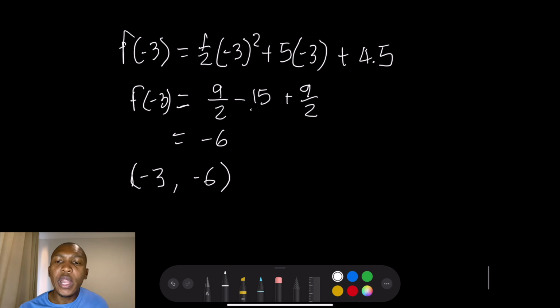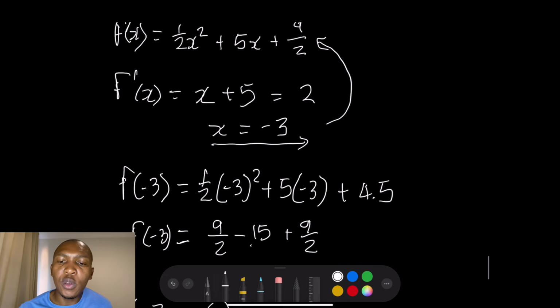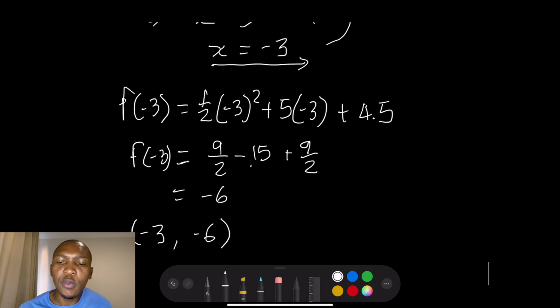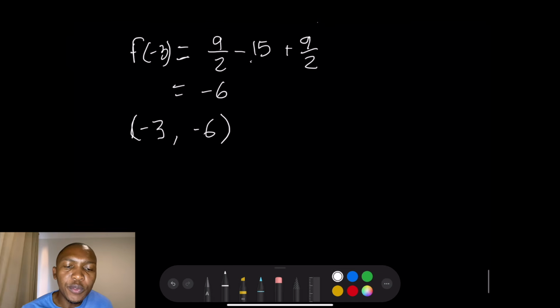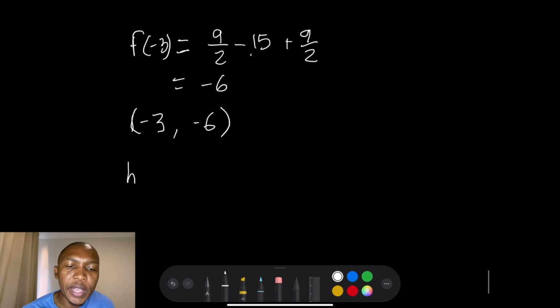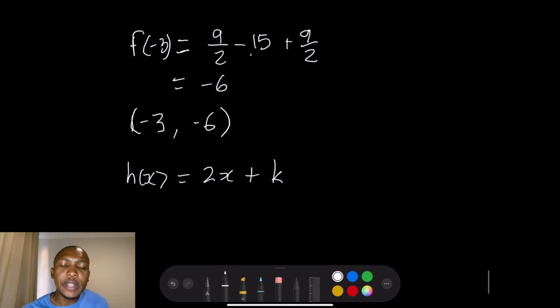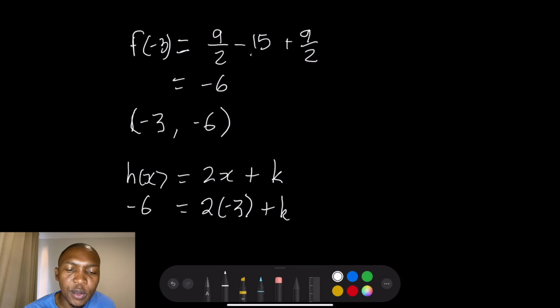Now we can go to the graph of h of x, and we are looking for h of x equal to 2x plus k. By substituting, -6 is 2 times -3 plus k, and we can get that k value there.